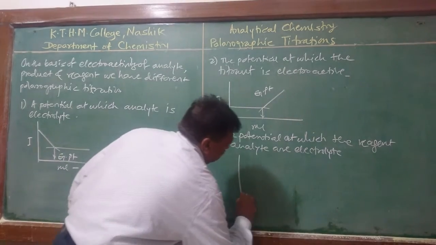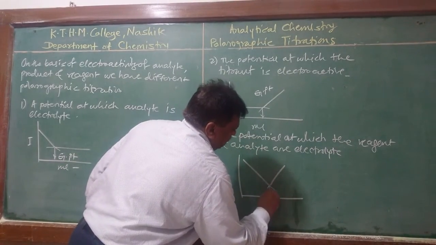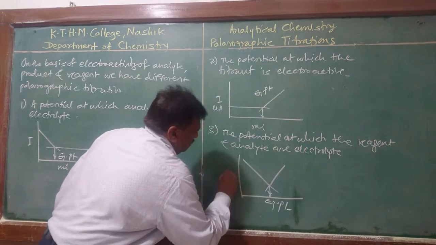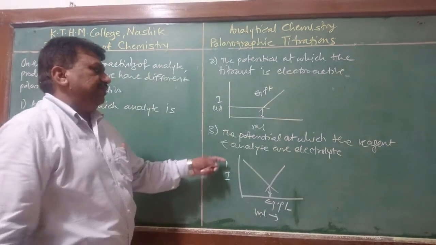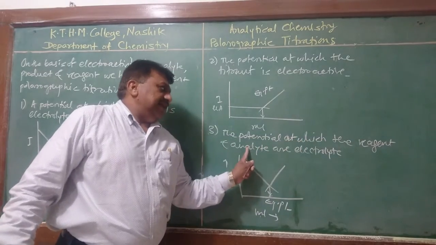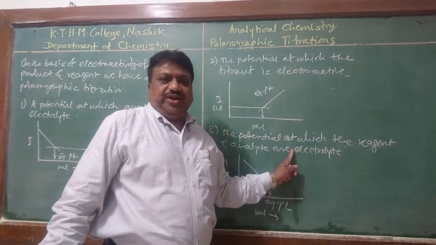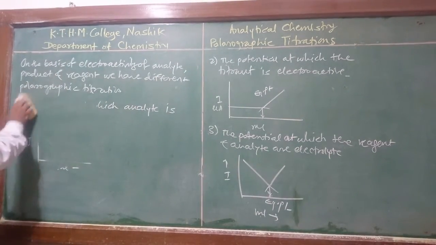Then we have a V-shaped curve like this. Here this is the equivalence point. Therefore, a V-shaped titration curve is obtained for a reagent and analyte which are electroactive at that potential.